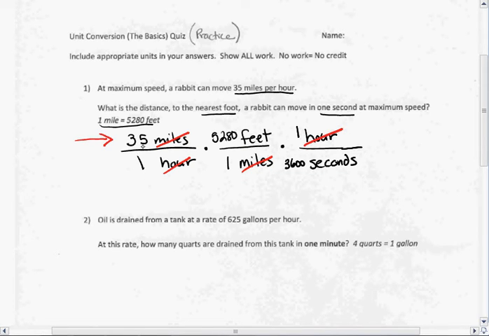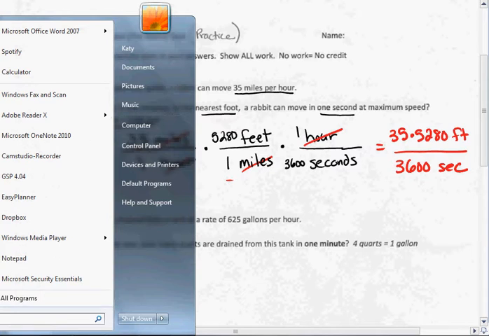I've got 35 times 5,280 feet. That's what's on the top. And on the bottom I've got 1 times 1 times 3,600 seconds. And I'll just pop all of those numbers into a calculator.